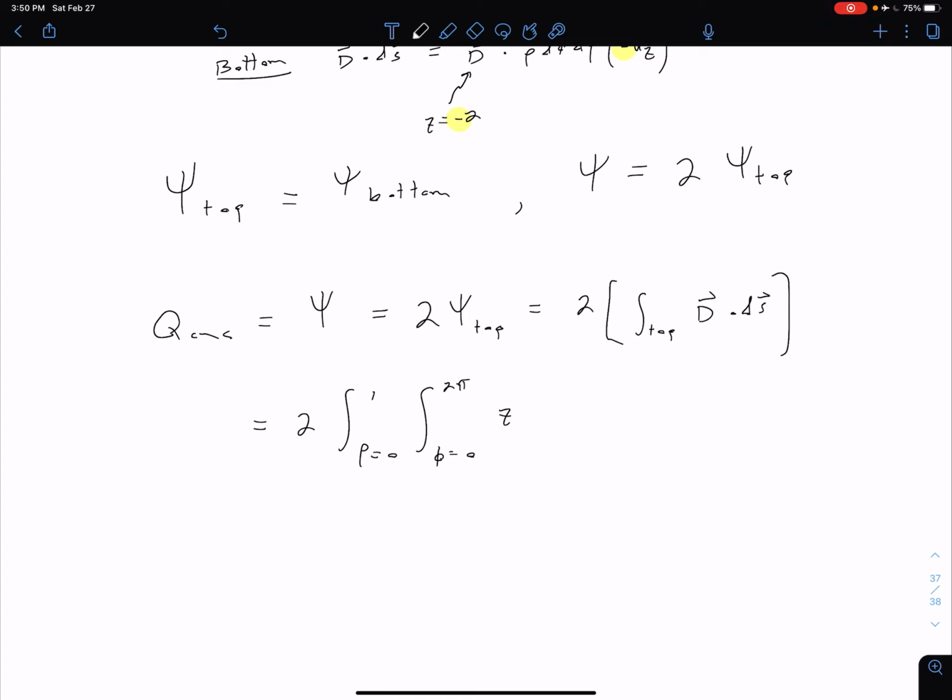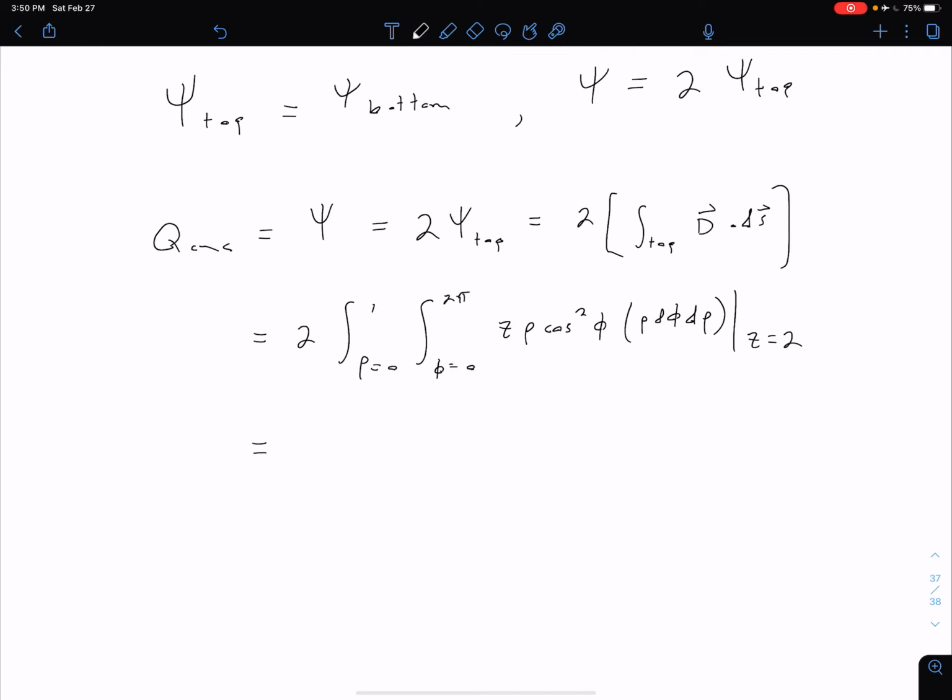So we're going to have z times rho cosine squared of phi, which was our D equation, and that's in the z direction. And then from our dS, we have rho d phi d rho. And as I said, this is going to be evaluated at z equals 2 because we're on that top surface.